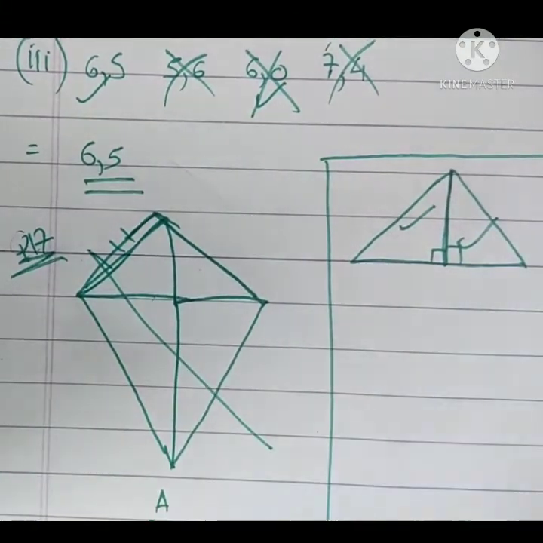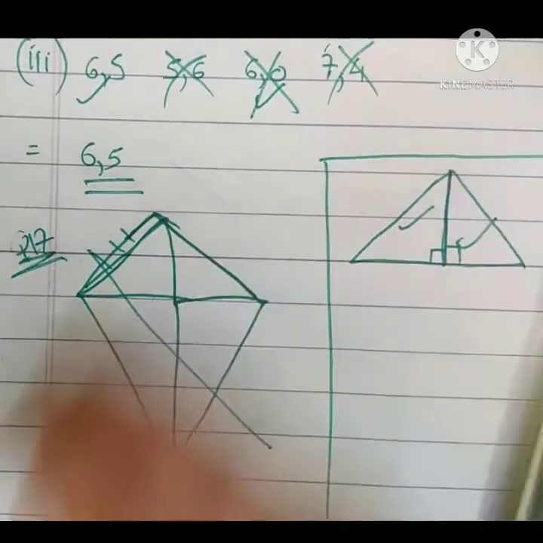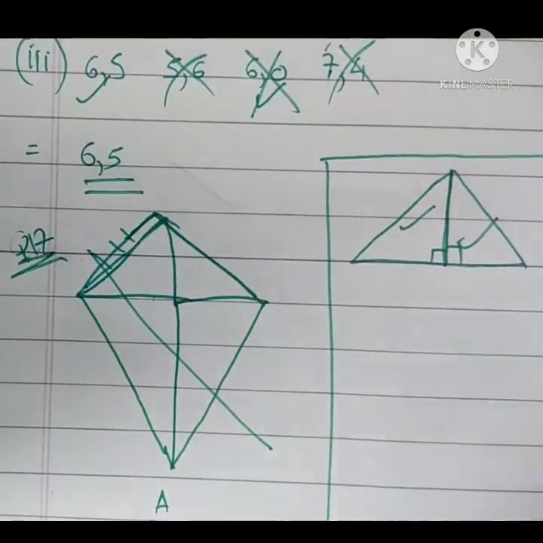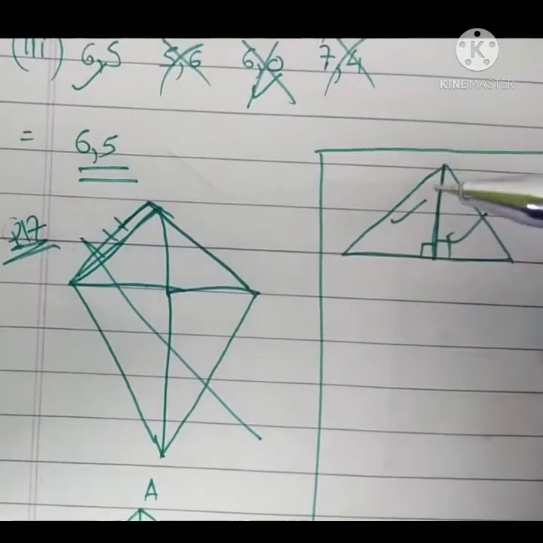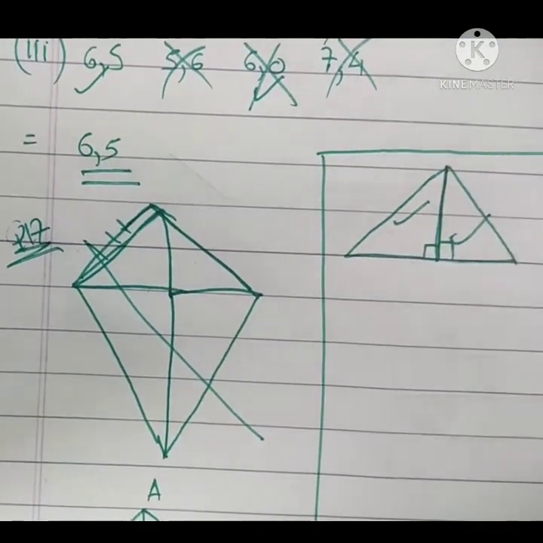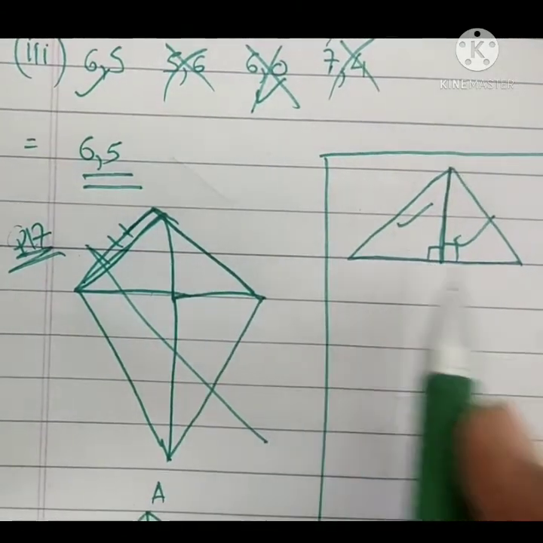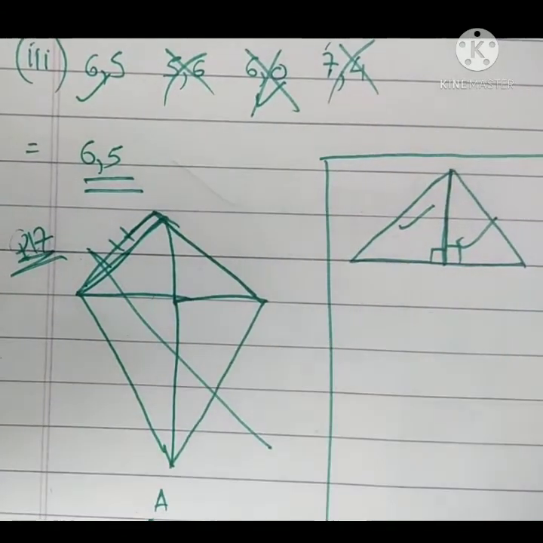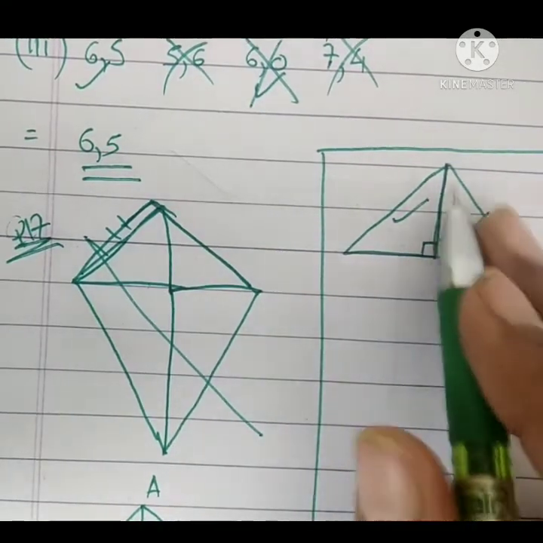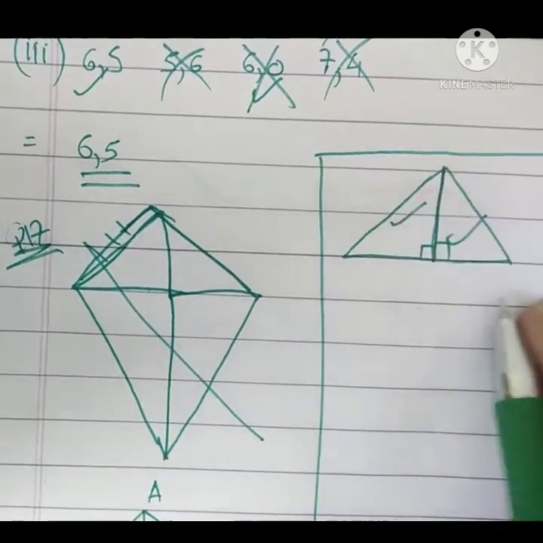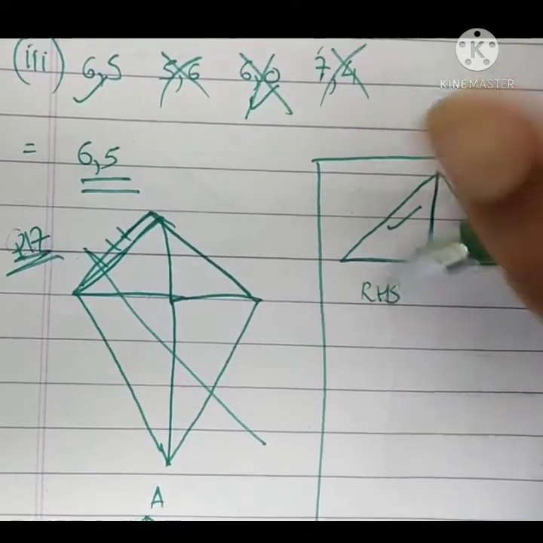It depends on what kind of figure you are making. So we cannot completely rely on your figure that the hypotenuses would be equal. The congruence criteria should satisfy all three of them: R is satisfied, S is satisfied, but H is not completely satisfied. So we won't be able to use RHS.